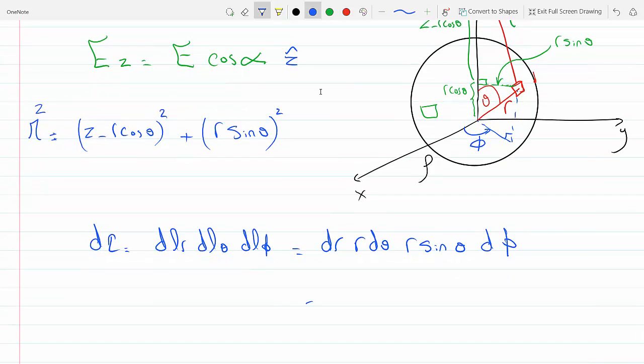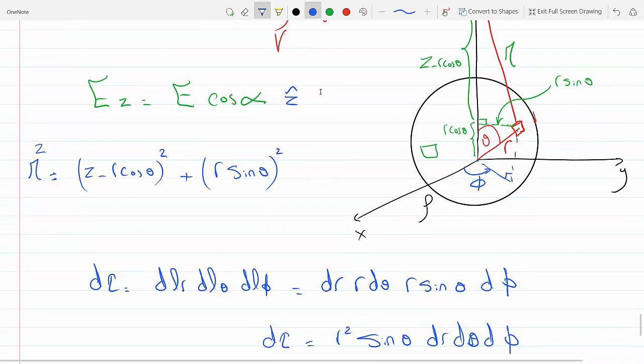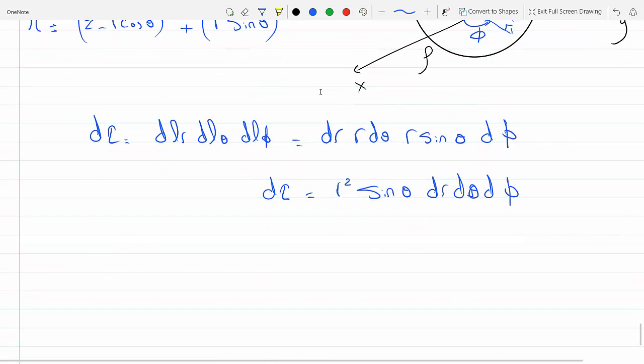So this becomes r squared sine theta dr d theta d phi. This is your d tau. And now everything is in terms of r and theta. So just plug everything back in the integral.